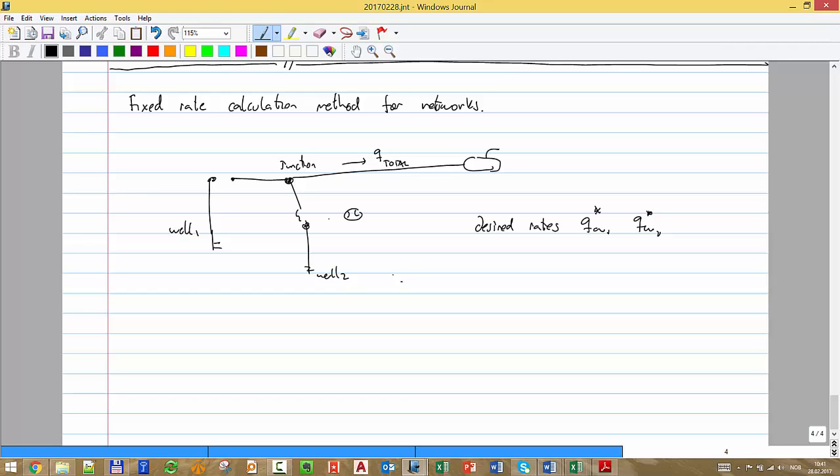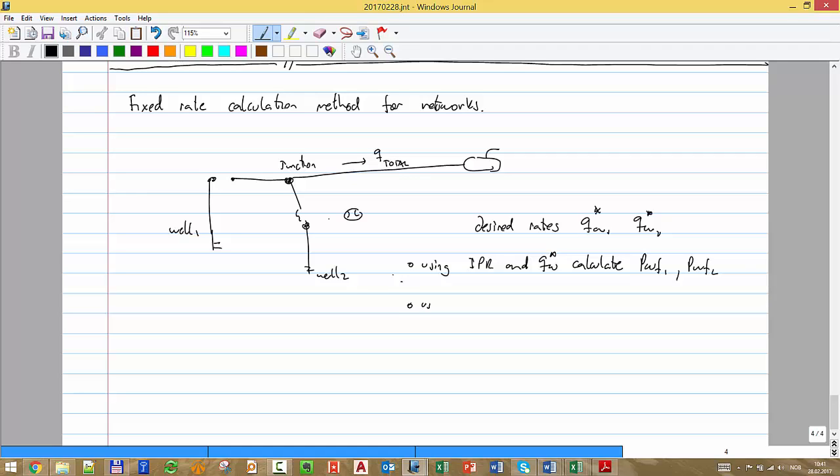So I say, using IPR and Q well star, calculate PWF1 and PWF2, right? I move, but I now have to carry more columns. In your case, you had only one, and now I have to carry both wells.